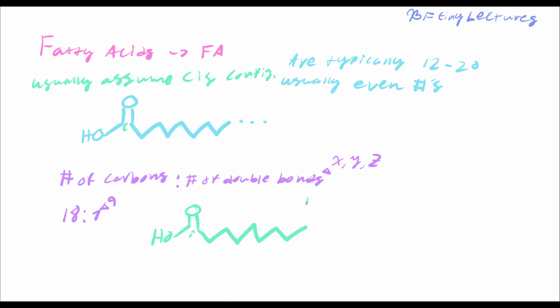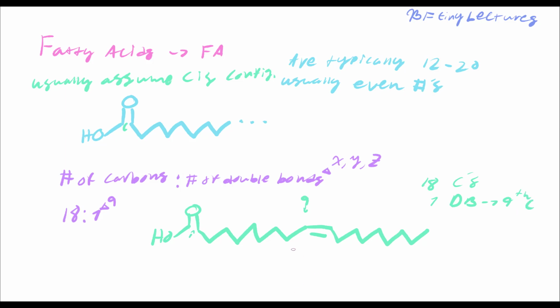So this is going to be carbon 9. And since we're working with cis conformations, we're going to do this. So that's 9, 10, 11, 12, 13, 14, 15, 16, 17, 18. And then we're going to have our double bond right there, okay? So overall, 18 carbons, one double bond. We'll just put DB for double bond, and that occurs on the 9th carbon, okay?